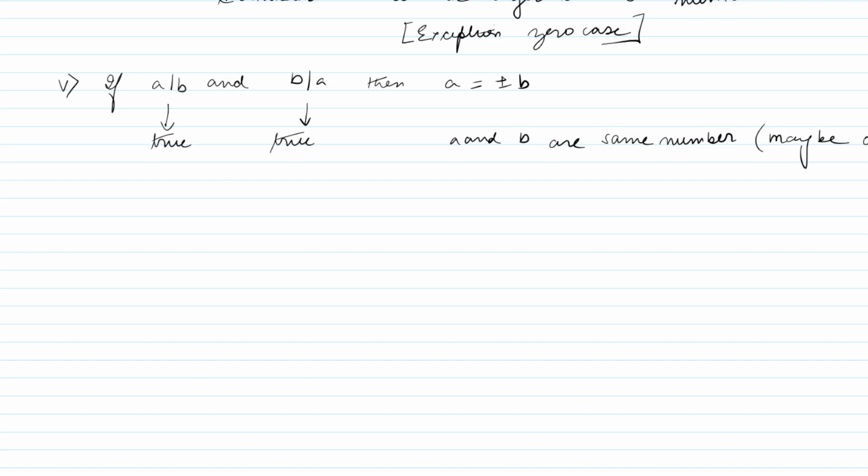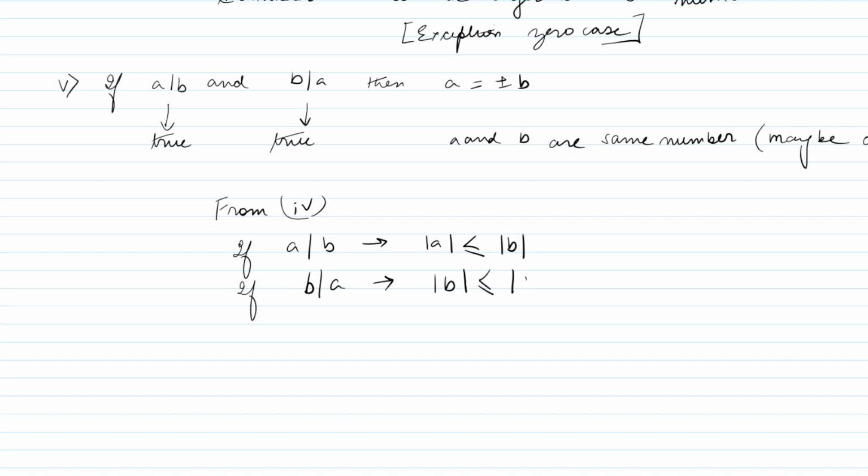Why is that? From the previous one, from 4, we can say that if A divides B, it means mod of A is less than or equal to mod of B, correct? And if B divides A, we can say that mod of B is less than or equal to mod of A, right?